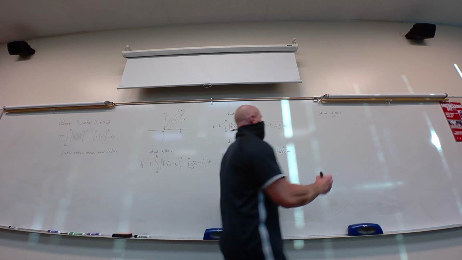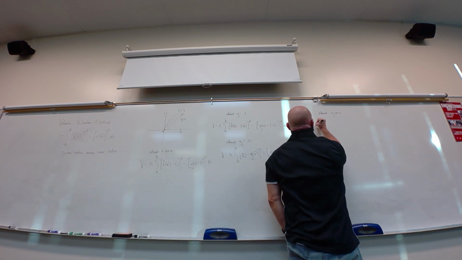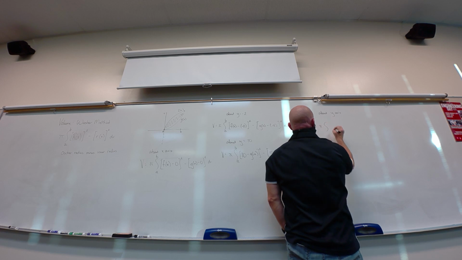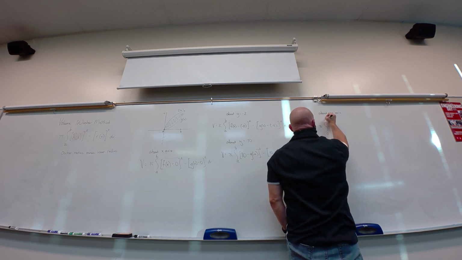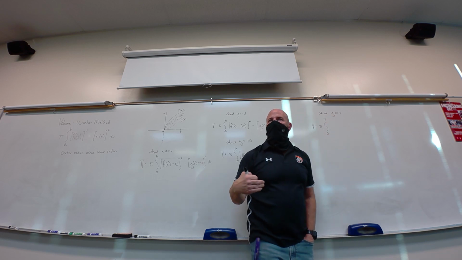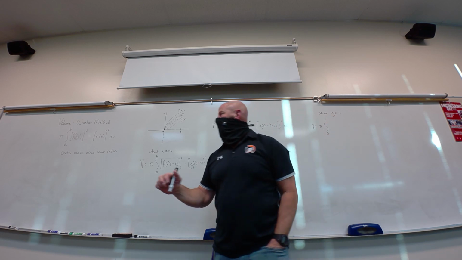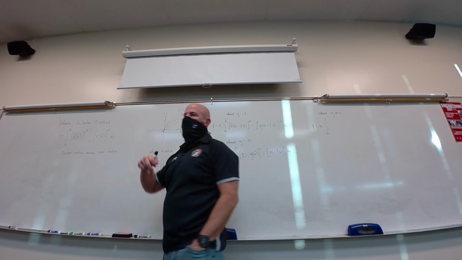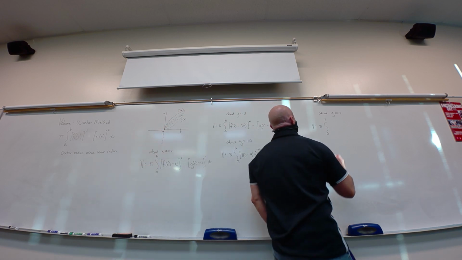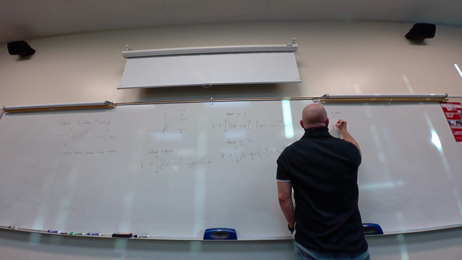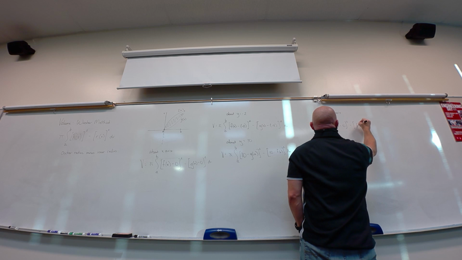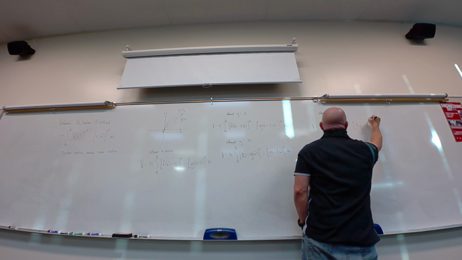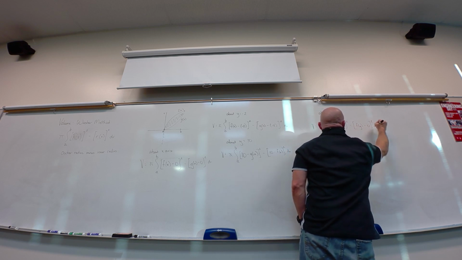All right, so here's my setup. Volume, pi, integral. And based on what I have up there, I'm just going to say 0 to 7, because if I've got y's in there, I've got to have y limits. So I'm just going to use 0 to 7. G of y minus 0 squared minus f of y minus 0 squared dy.